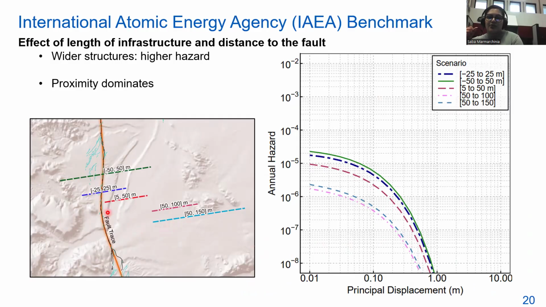So we assumed 5 different structures at different locations from the fault and with different structural lengths. Longer structures and the structures that are closer to the fault would experience a higher hazard, but the proximity to the fault is the dominant factor.